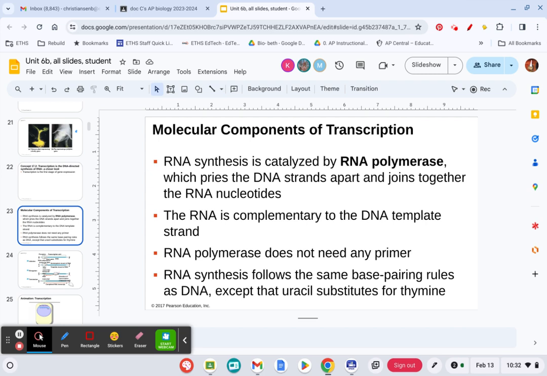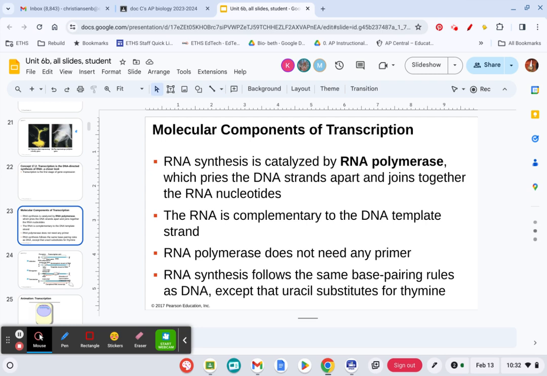And one of the things that it can do is it can open up, it can separate the DNA strands, it can break apart the hydrogen bonds that are holding those nitrogen bases together. Okay, so it can do the job of DNA helicase. It doesn't do that in DNA replication, but it does do it in gene expression. There is no helicase in gene expression, in transcription.